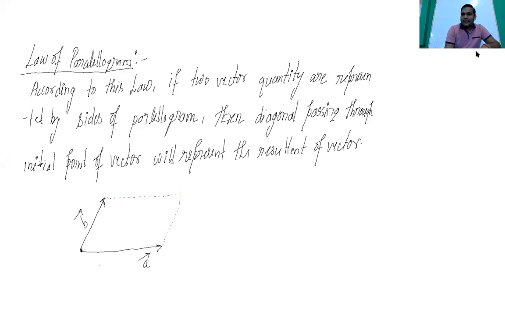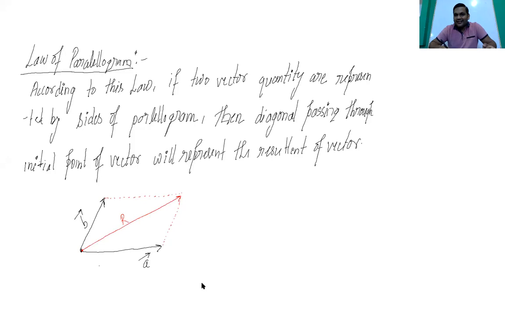Now, I already told you that the diagonal will be passing through the initial point of the vectors. So if there is a diagonal passing from here, let's say this is your R.